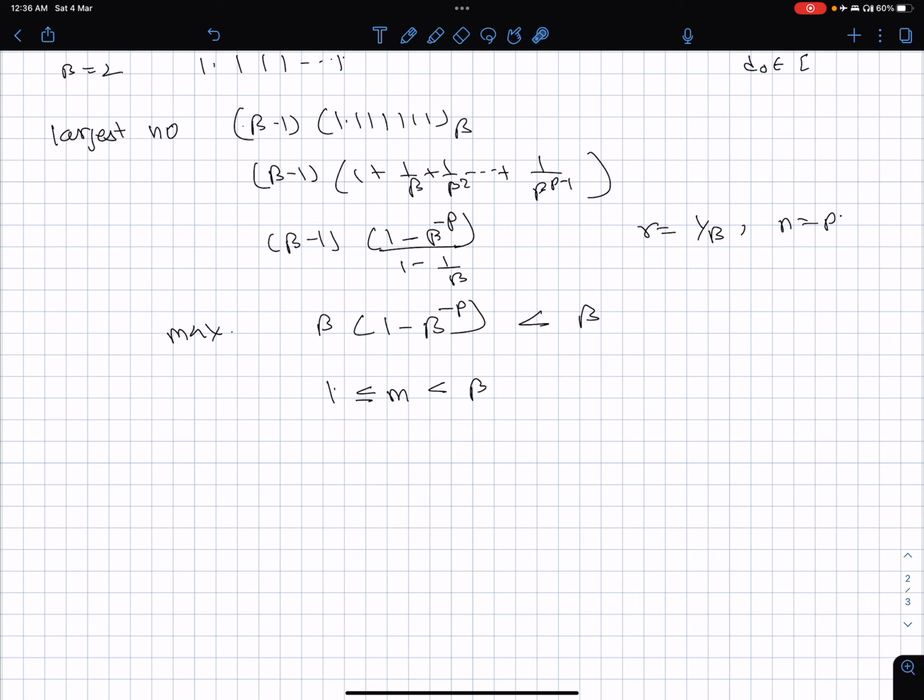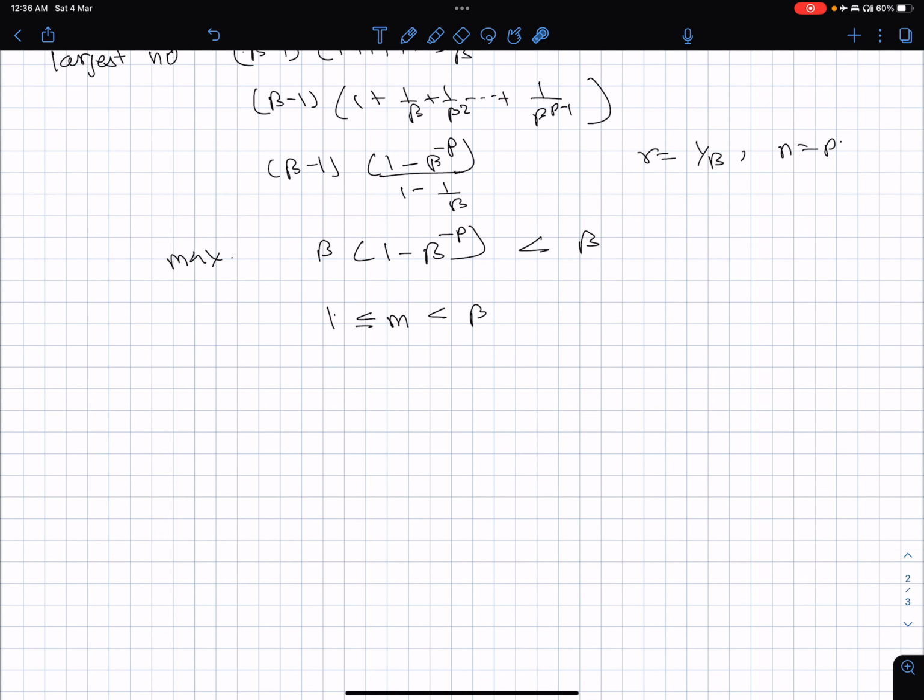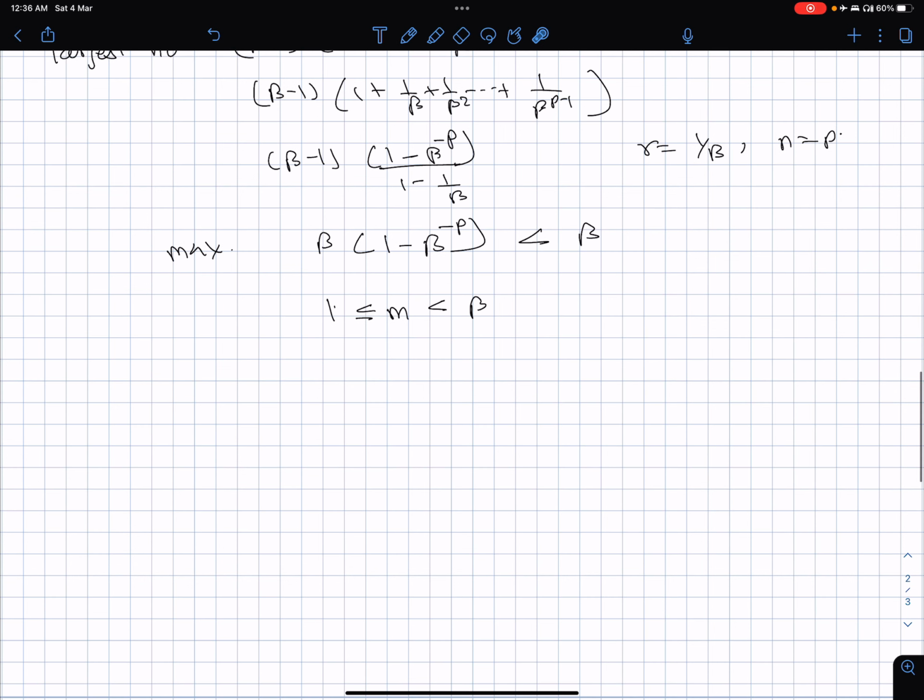If beta is 2, then it is between 1 and strictly less than 2. How much less than 2 is coming from this term: beta minus beta to the power minus of p minus 1. So this term tells you how much less than beta it is going to be. Higher the precision, the closer it comes to beta.